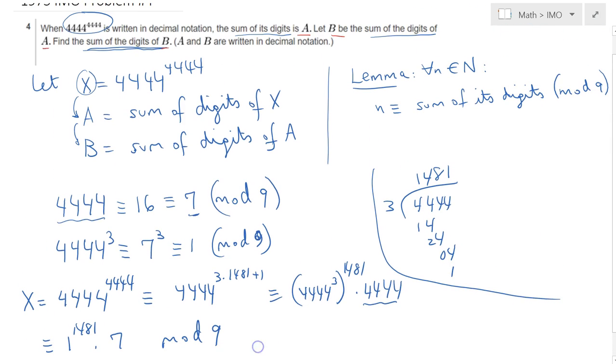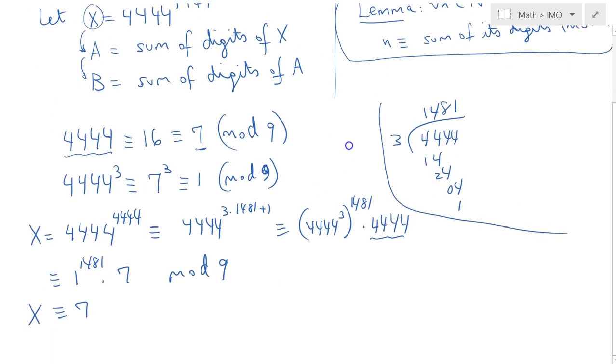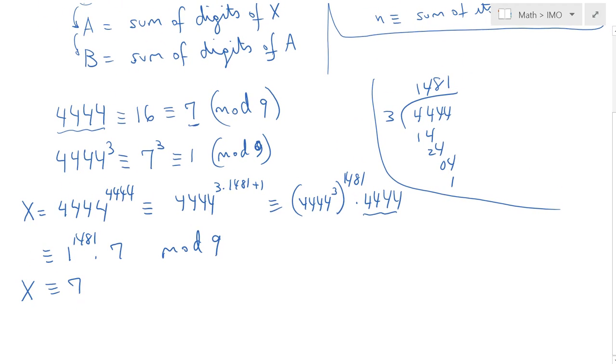But now it's time to apply our lemma, which says that x is congruent to 7, implies that a itself, the sum of its digits, will also be 7, and then the sum of digits of a itself will also be 7, and that's also the sum of digits of b in mod 9.